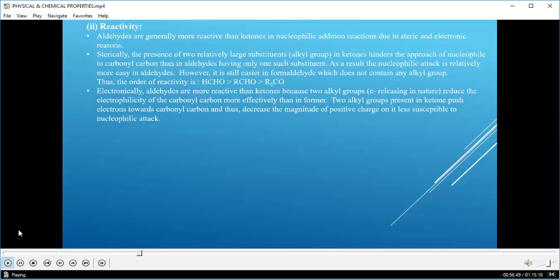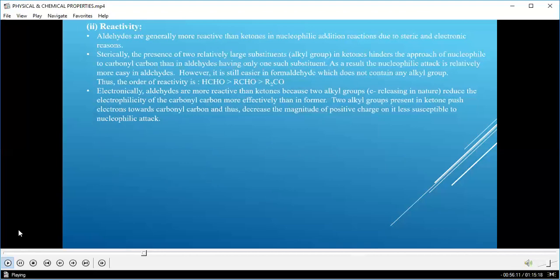Next, electronic reasons. Aldehydes are more reactive than ketones because the two alkyl groups in ketones are electron releasing in nature, which reduces the electrophilicity of the carbonyl carbon more effectively than in formaldehyde. The two alkyl groups present in a ketone push electrons towards the carbonyl carbon and thus decrease the magnitude of positive charge on it, making it less susceptible to nucleophilic attack.